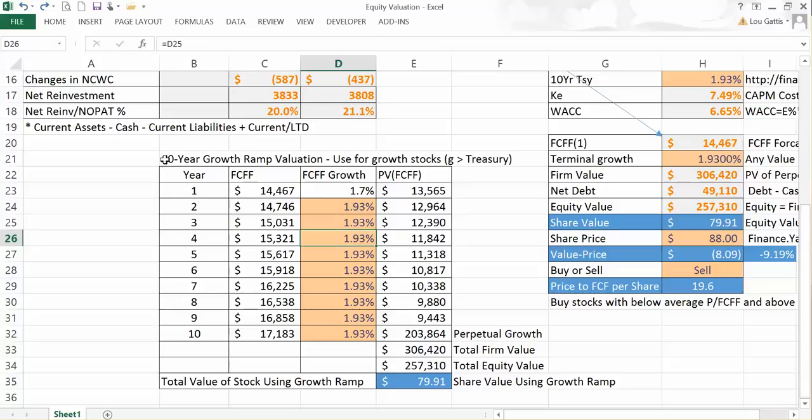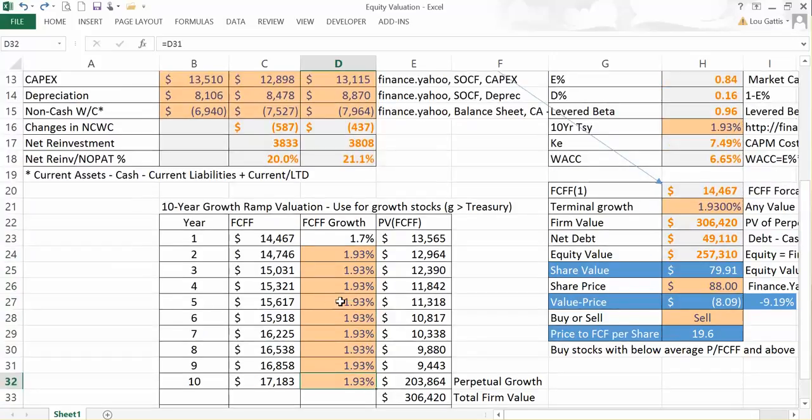However, I've created this section for any firm that you think may grow at an abnormal rate, meaning above the 10-year treasury over the next 10 years. So say you think, due to, say, Walmart's China strategy, that it could grow at 5% next year, maintain 5% for a few years, then go to 4, then maybe 3, and 2, and 1.